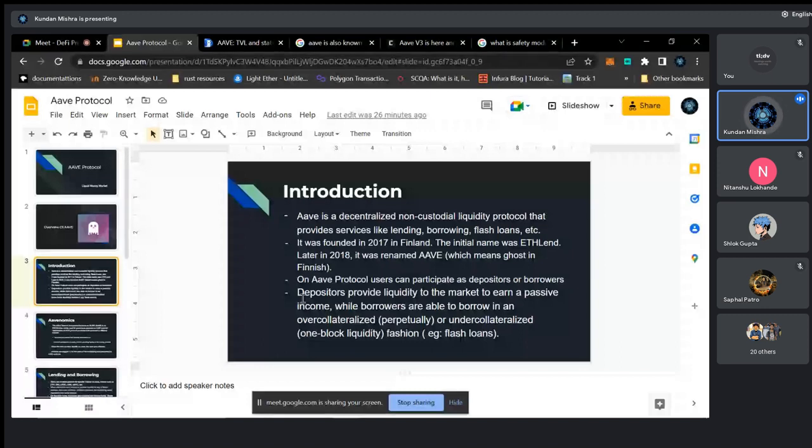On the protocol, there are two possibilities: you can either be a depositor or a borrower. The role of the depositor is to provide liquidity for the protocol, and the role of borrowers is to take loans, either over-collateralized or under-collateralized. Let's look at a little of the tokenomics on the Aave platform.